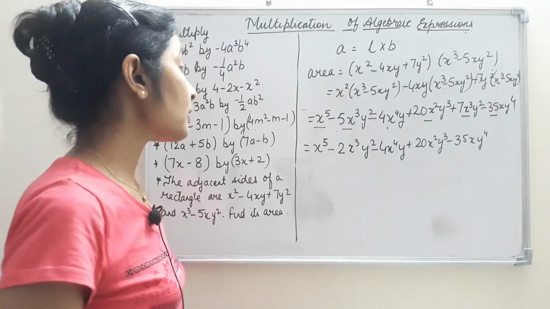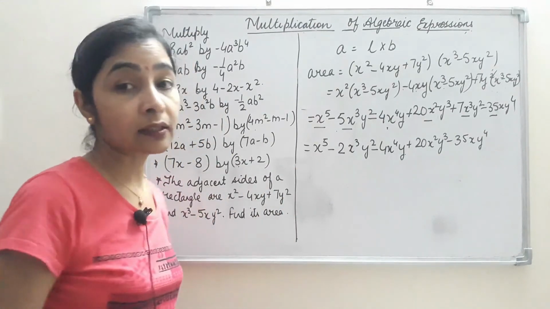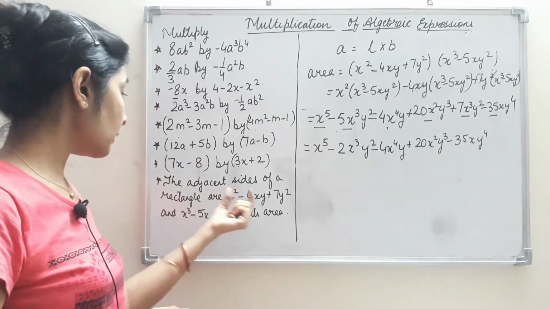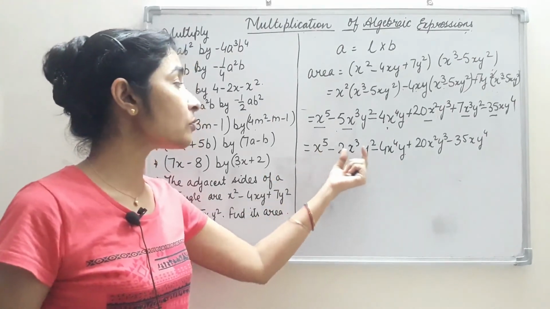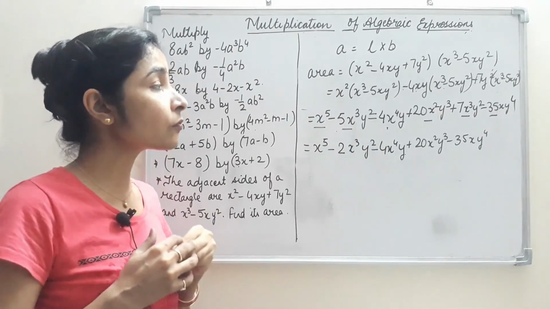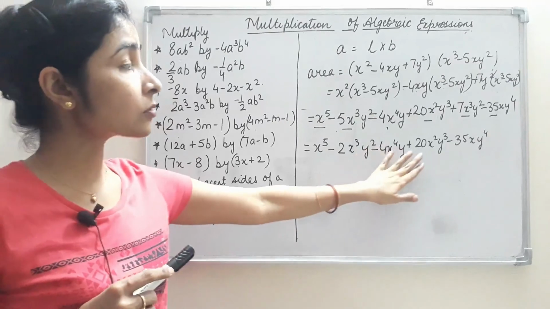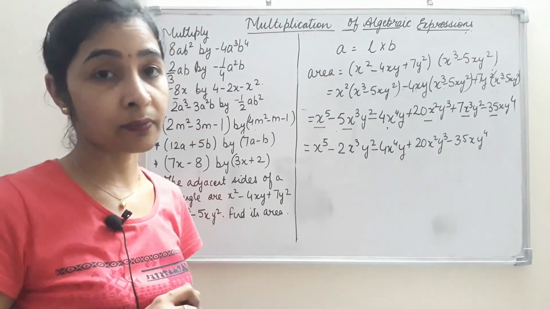So this is our answer. The area for the rectangle with sides, this expression and this expression, is equal to x raised to the power 5 minus 2x cube y square minus 4x raised to the power 4y plus 20x square y cube minus 35xy raised to the power 4.